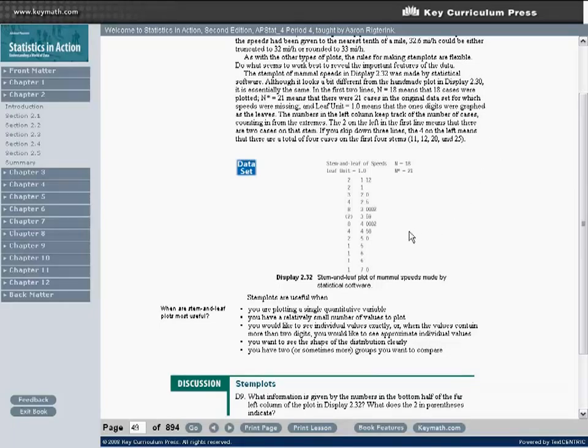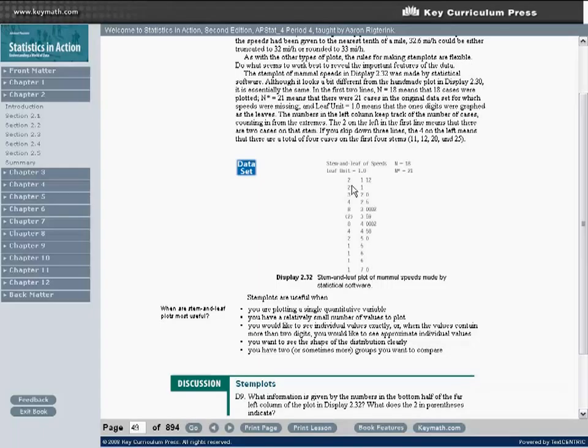So we have these are our leaves, or I'm sorry, excuse me, this is our stem, the 1, 1, 2, 2, 3, 3, and so again this would be 11, 12, nothing here, 20, 25, 30, 30, 30, 32, 35, 39, and it's this column of numbers that always confuses students.